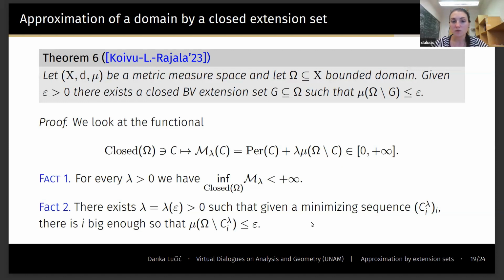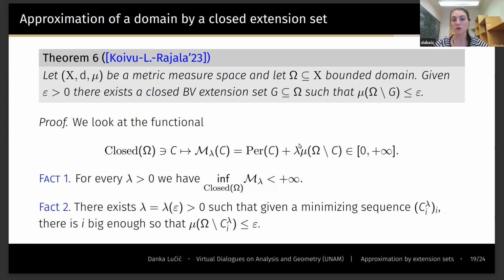Given that we are approximating from inside, it is enough to look at the closed subsets of omega, and our functional on the closed subsets of omega looks like this. Something you can show is that the infimum over all closed sets is finite for every lambda. And we can find lambda, depending on epsilon, big enough so that once you take a minimizing sequence and pick i, the index of your sequence, big enough, then the measure of omega minus this C lambda i will be smaller than epsilon.